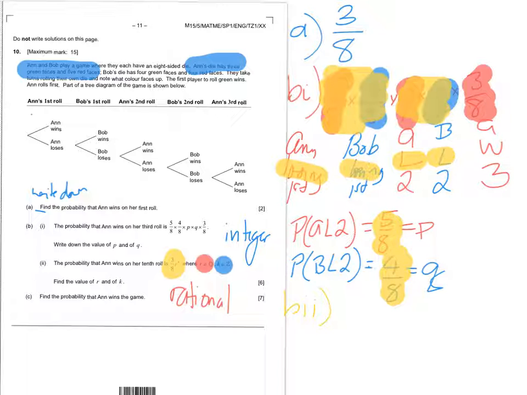So, that must mean that to get to the 10th roll, it'd be 20/64, they both lose the first time, 20/64, they both lose the second time, 20/64, and so on, until the 9th time, 20/64, and then the 10th time, Anne wins, 3/8.